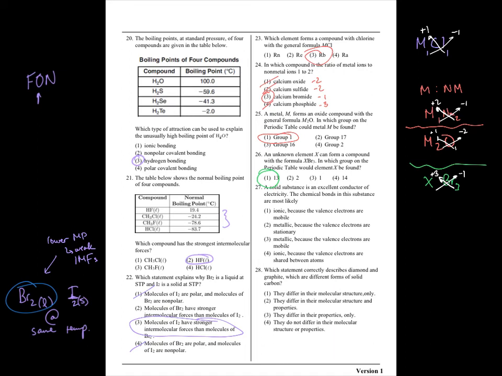Number 27, a solid substance is an excellent conductor of electricity. The chemical bonds in the substance are most likely, so a solid that is an excellent conductor of electricity. Okay? So it can't be ionic. They're only good in aqueous or liquid form. Liquid or aqueous, only in those two forms.